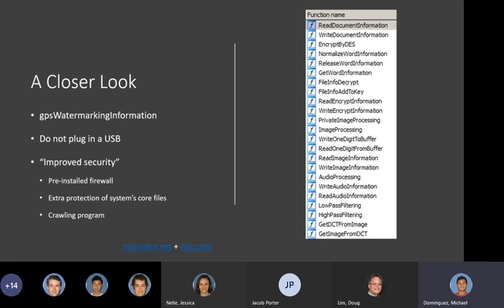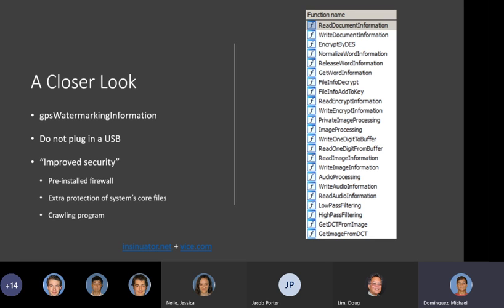Whenever you plugged in a USB, it would watermark every file inside that USB. If it was a picture, sure, it might watermark it, but that's not necessarily what we're talking about. You didn't even have to open the file. It would just go through and put a little bit of extra code that would GPS track it, as it says right here.